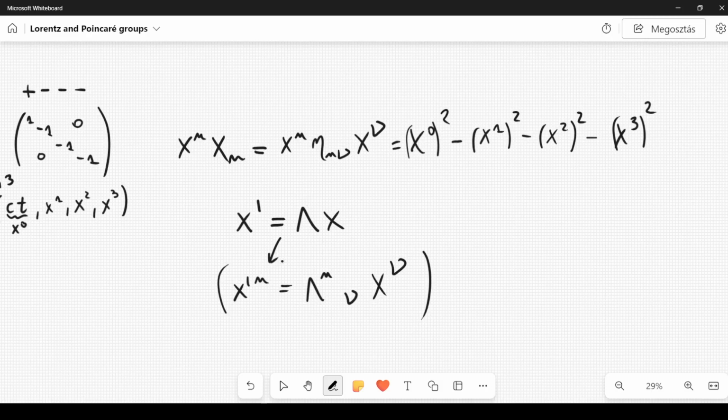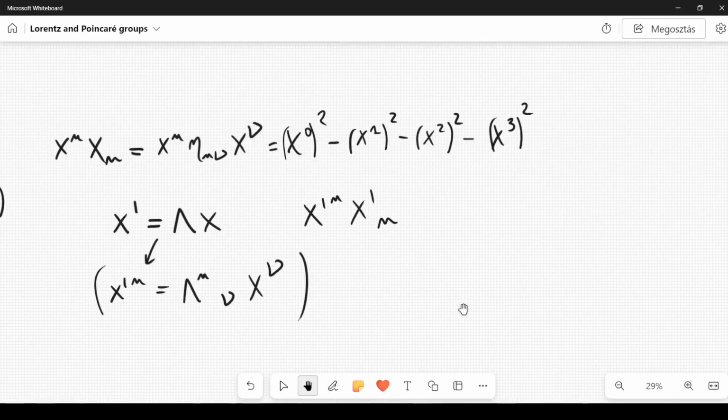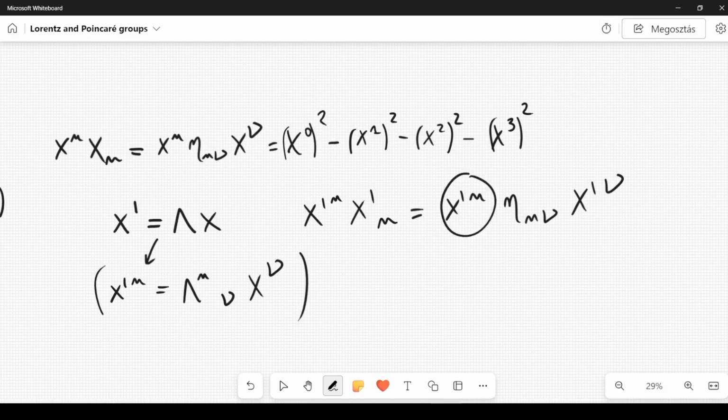We can substitute this expression in the invariant. So in particular, we can rewrite the invariant as x'^μ η_μν x'^ν. And we can substitute this expression here and here to derive some meaningful quantities.